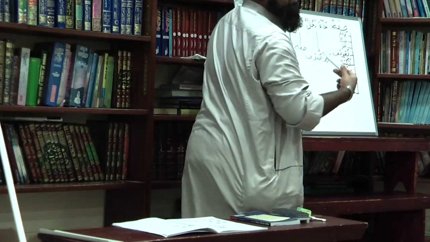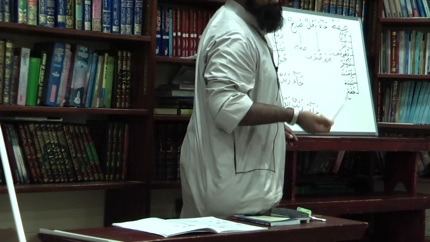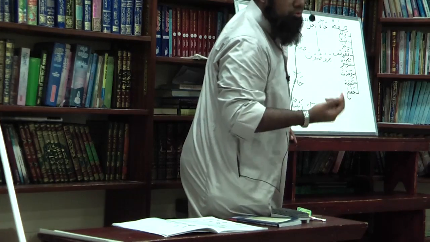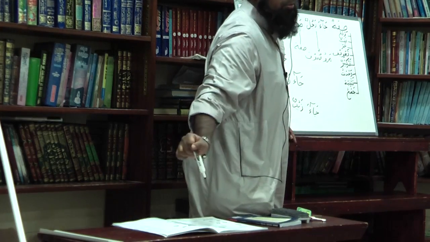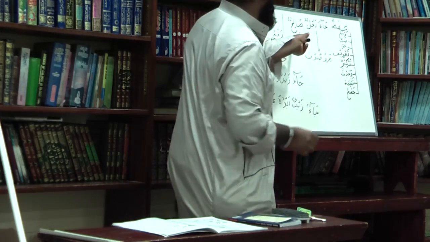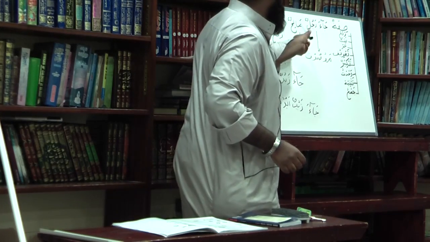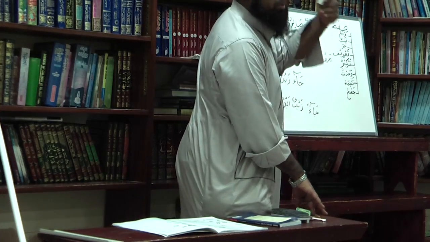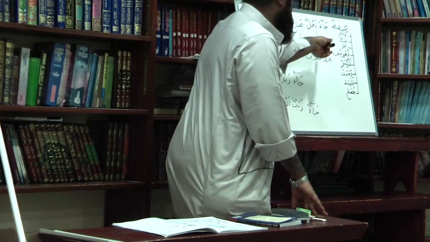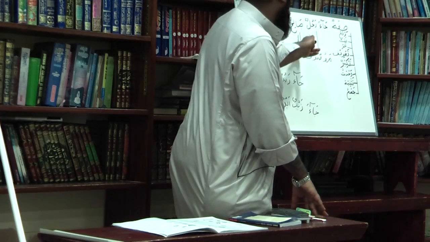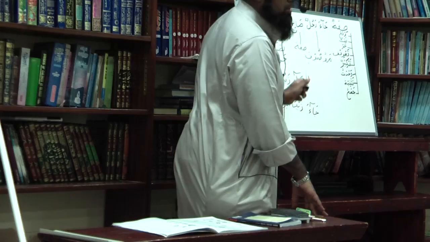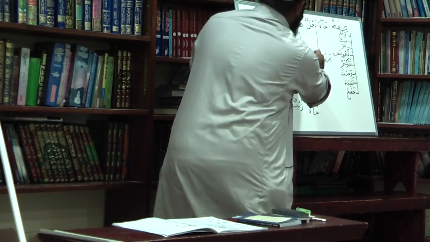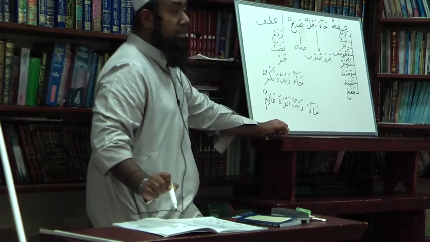Mawsuf means being described, and sifat means the describing word. Salih means pious, rajulun means person, ja'a means came. A pious person came. So this word is the sifat, the adjective.